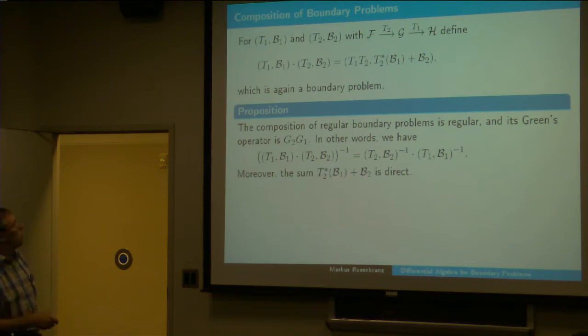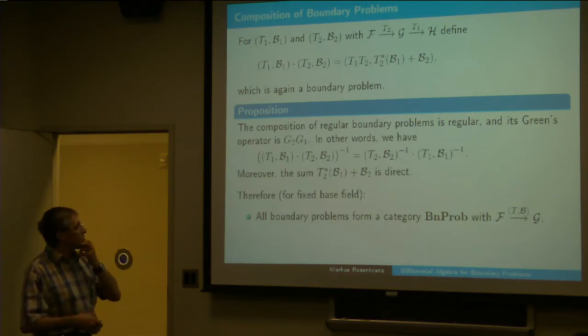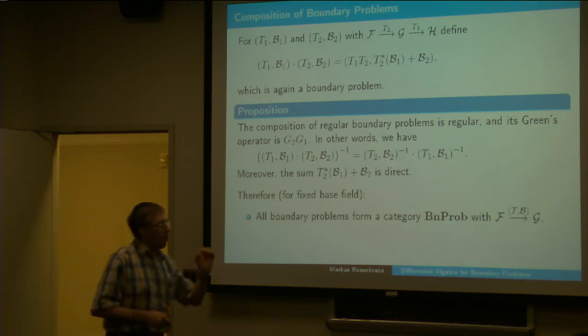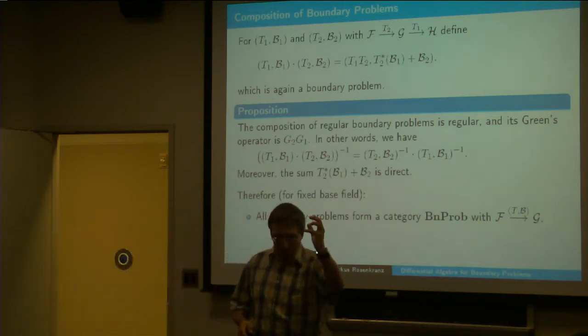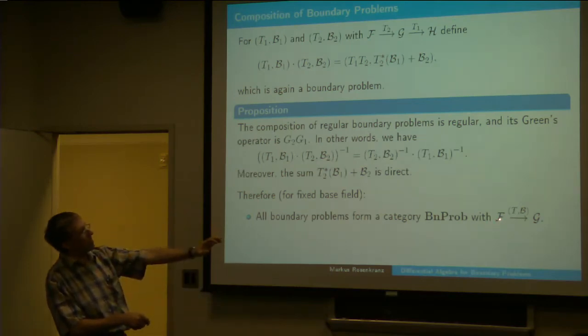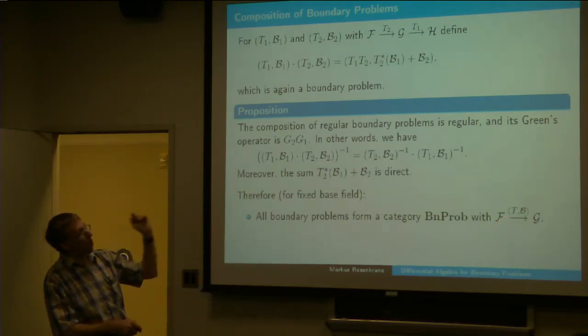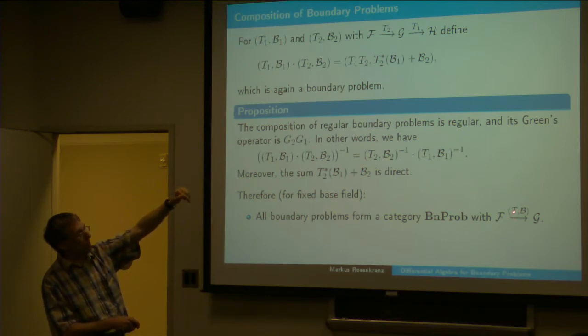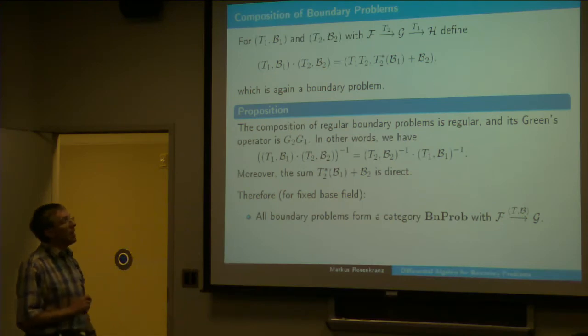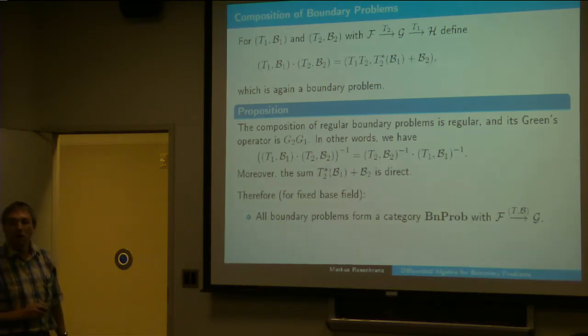If you describe it more abstractly, we actually have a category here whose objects are just the vector spaces, but the morphisms are not just the epimorphisms T themselves, but epimorphisms together with the boundary information B. B1 and B2 are subspaces of F star.